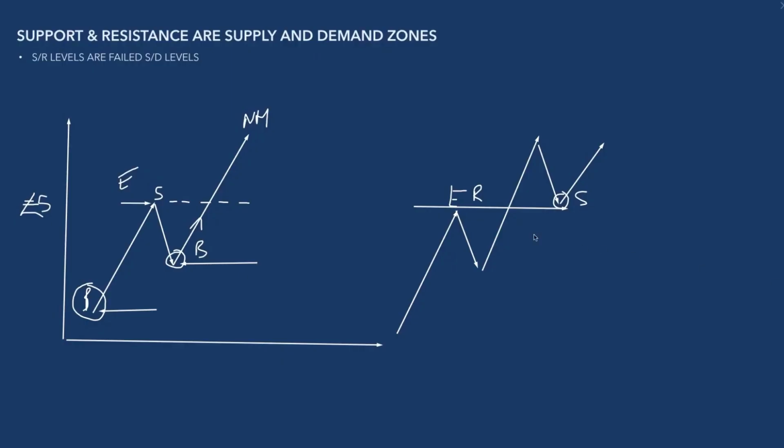But if you actually now look at the similarities between support and resistance and supply and demand, it's just a case of we as supply and demand traders are trading down here, at that area right there.